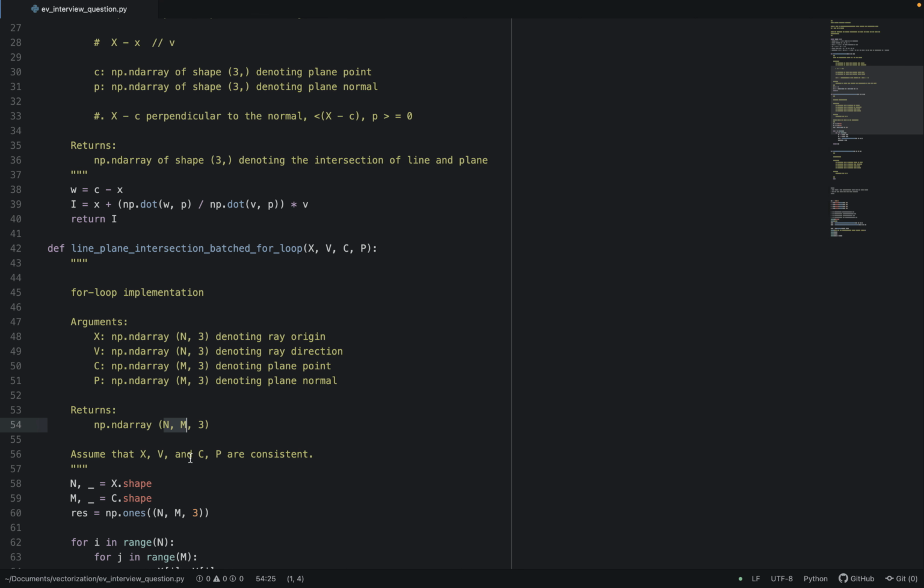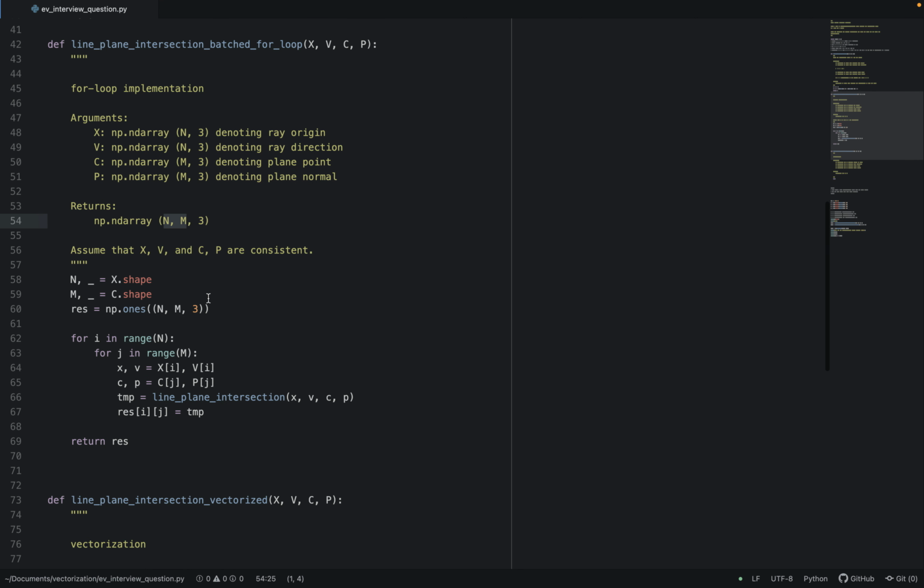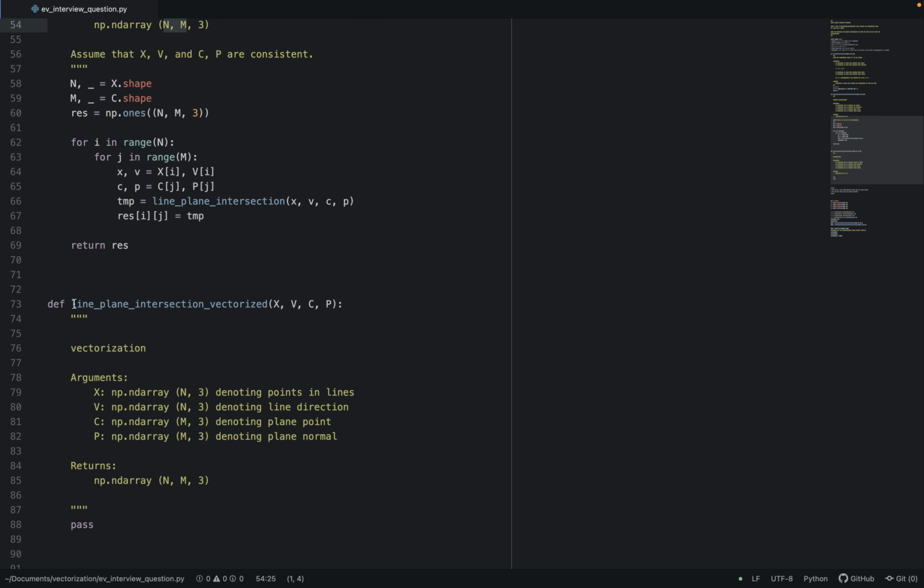This is one requirement. Another requirement is that we want to write this function using vectorization. Here x and v are of shape n times 3, and c and p are of shape m times 3. So we want to return this one.